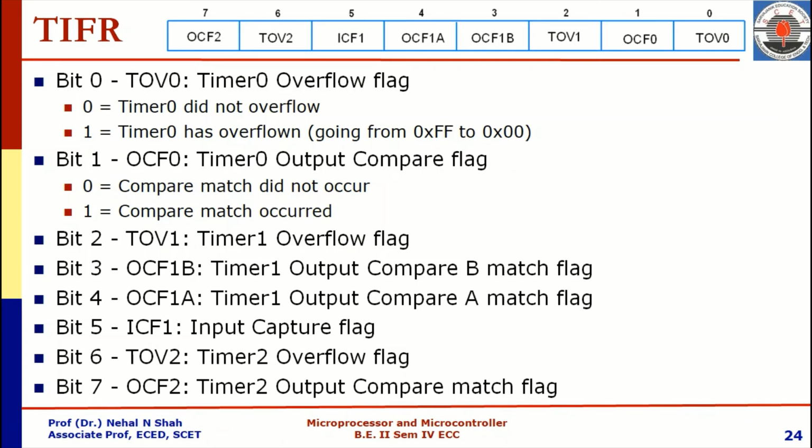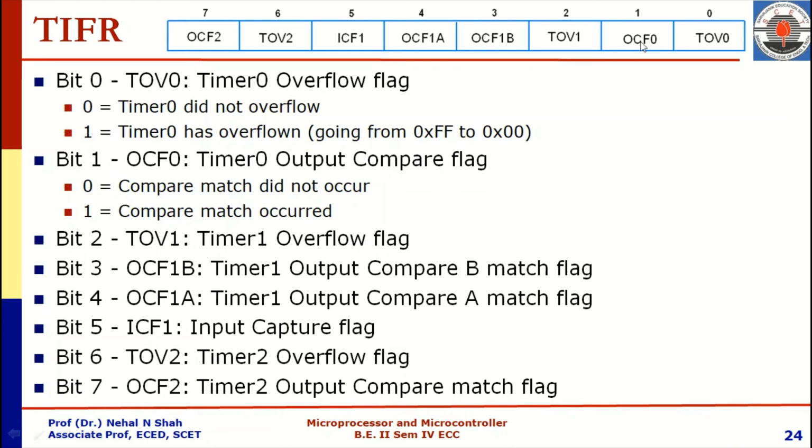So, in programming of the timer, one needs to monitor this flag, which is the indication that the timer has rolled over, and based on that condition, some decision can be taken.